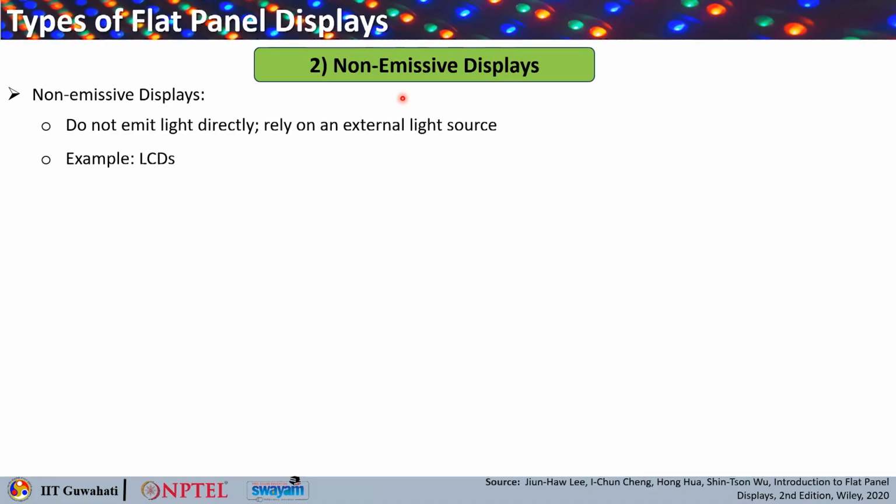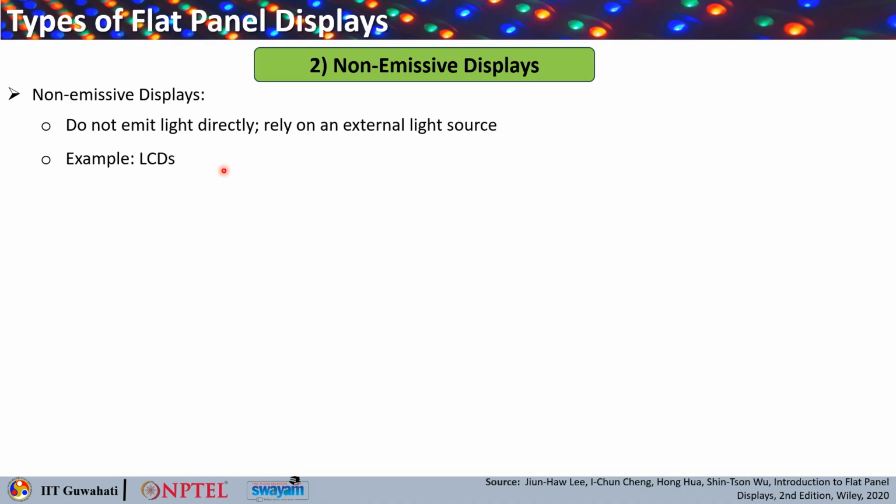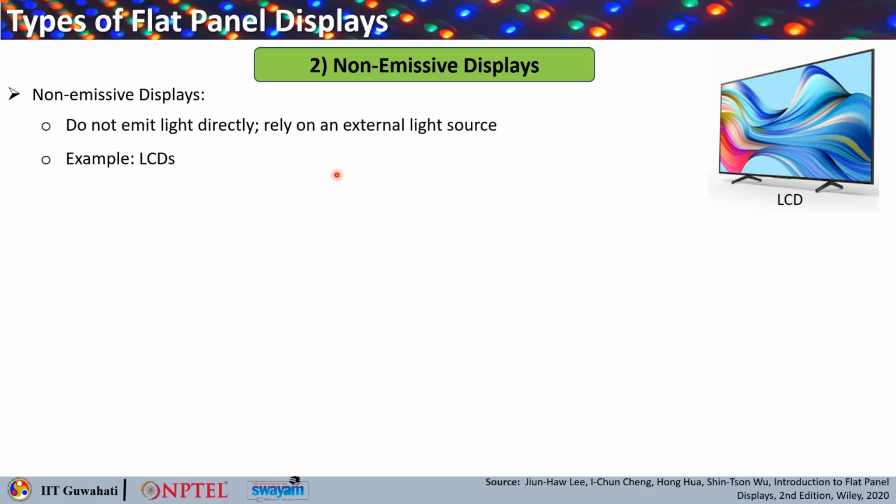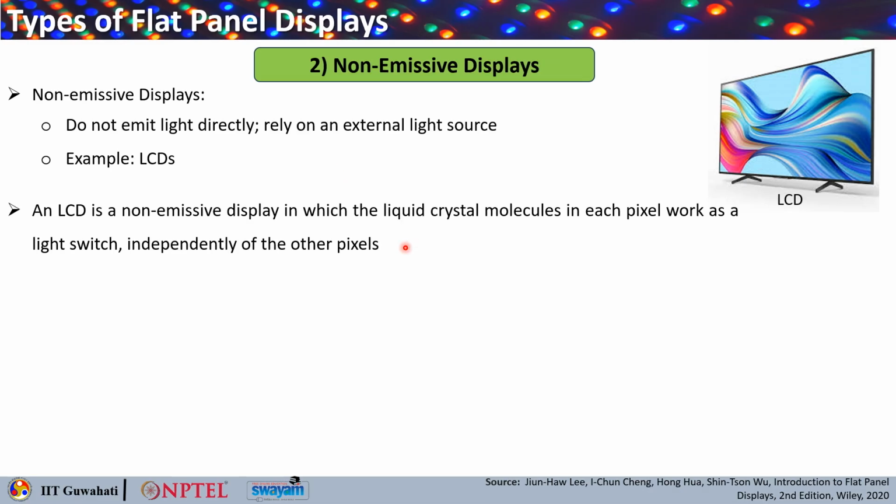On the other hand, when you talk about non-emissive displays, the name itself suggests that these displays do not emit light directly, they rely on some external light source. These are called backlights. An example of this is the LCD. LCDs are non-emissive displays. LCD stands for liquid crystal display.